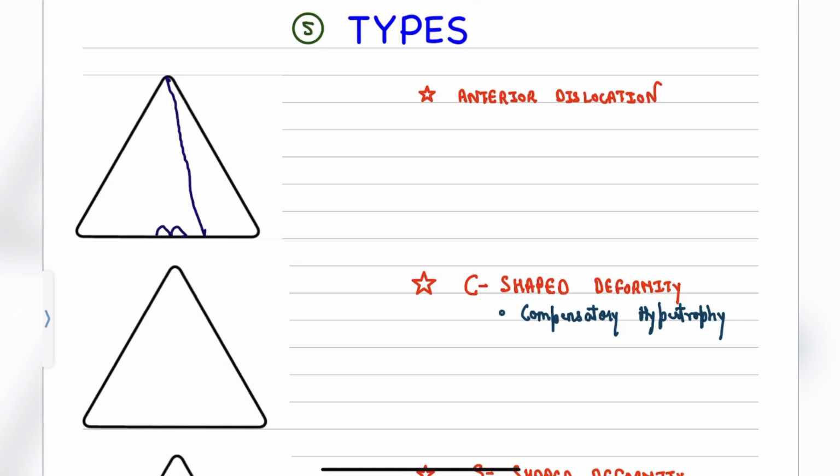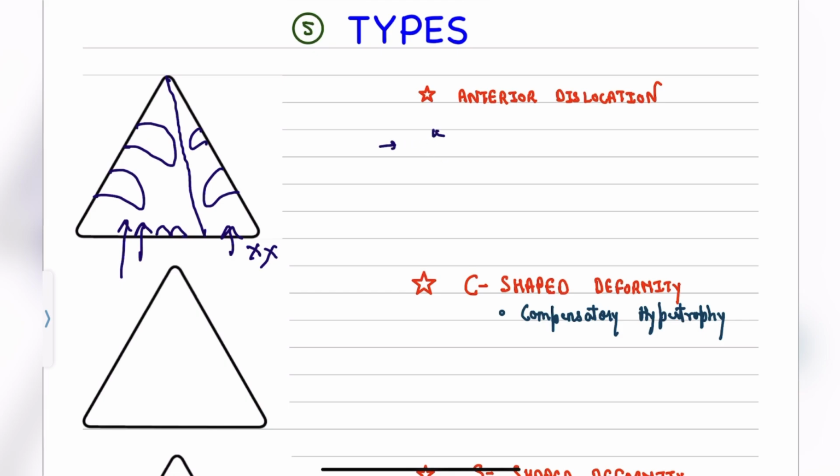This right is the columellar junction, leading to a picture looking like this. One side of the nasal cavity is quite roomy and the other side is not roomy. Therefore, this side might see compensatory hypertrophy.